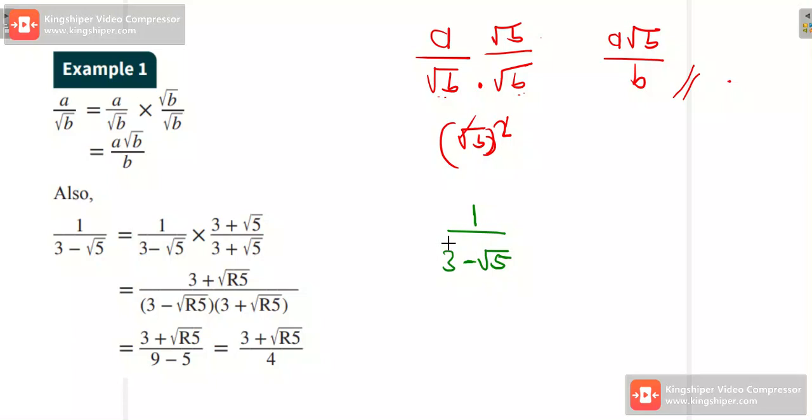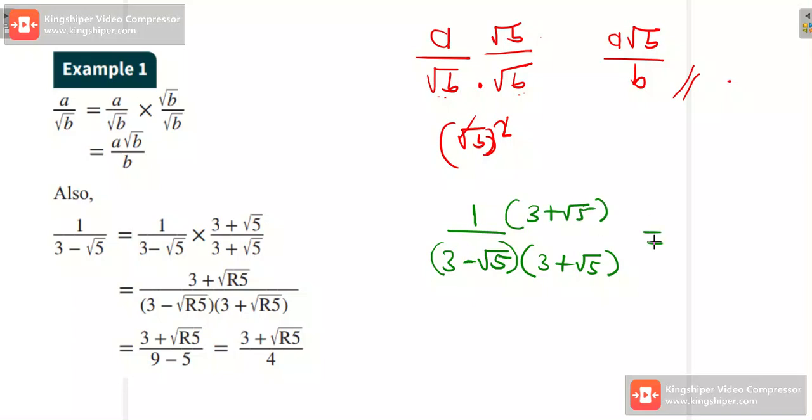We saw that whenever you have a binomial surd, you have to multiply it by the conjugate, and for the conjugate, you just have to change the sign. So we have 3 plus root of 5. But whatever you do to the denominator, you do the same thing to the numerator. So 3 plus root of 5.